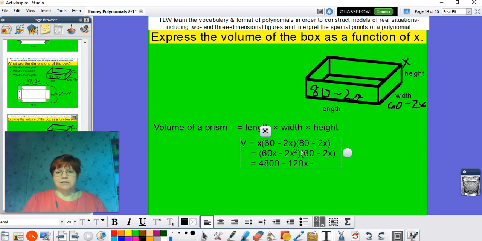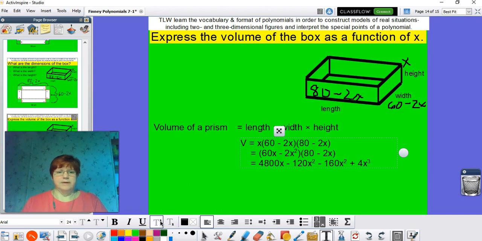Negative 2x squared times 80 is negative 160x squared. And then negative 2x squared times negative 2x is positive 4x to the third.